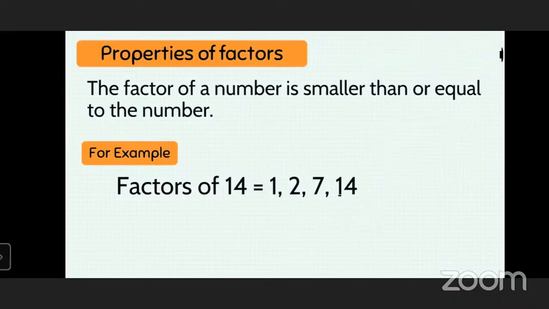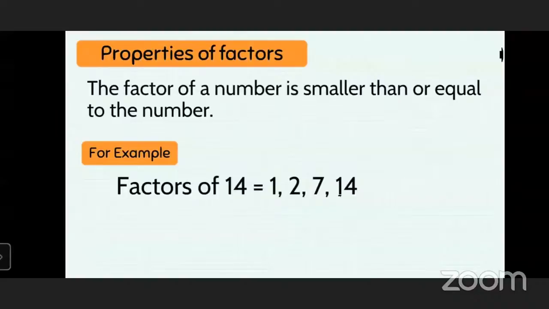Yes, sir. Factors of 14 are 1, 2, 7, and 14. It means the number 14 comes in all these tables of 1, 2, 7, and 14.